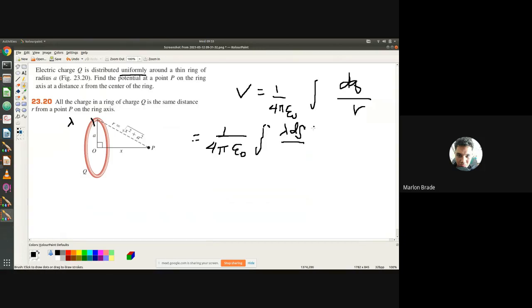And r is the square root of x squared plus a squared.